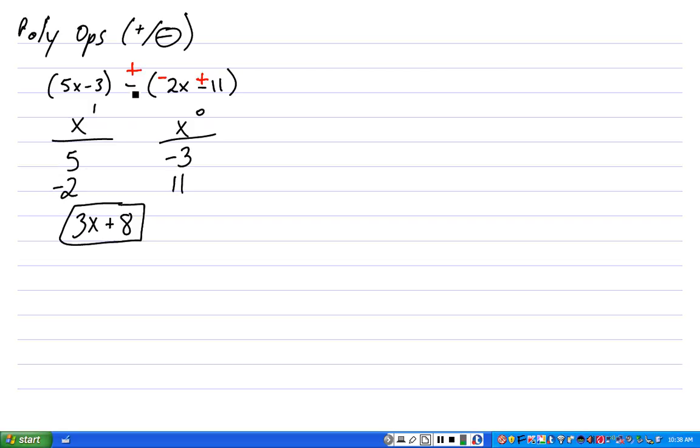Okay, so let's look at another problem. Let's try 5x squared minus 2x plus 1 minus negative 6x squared minus 8x, minus, well, let's make it a plus 1.